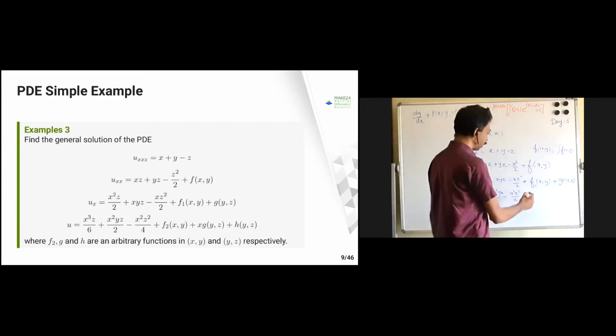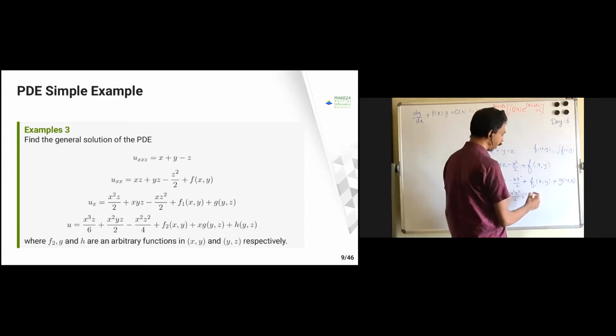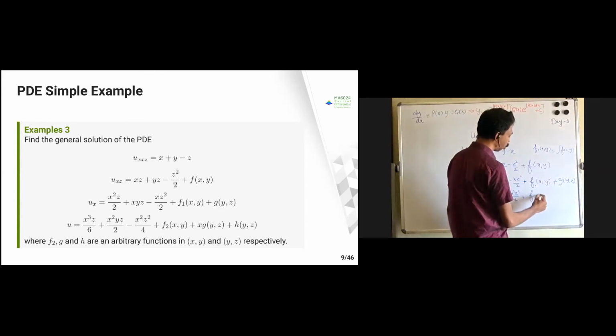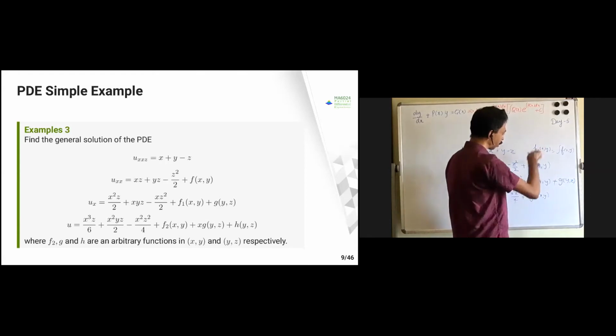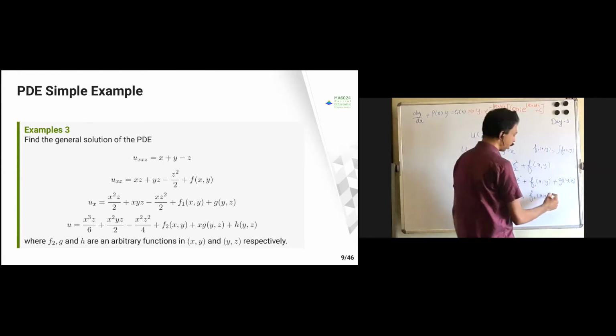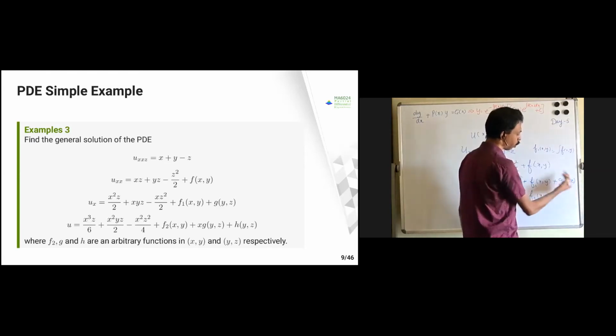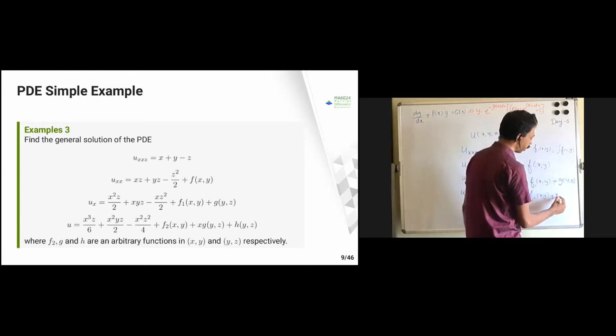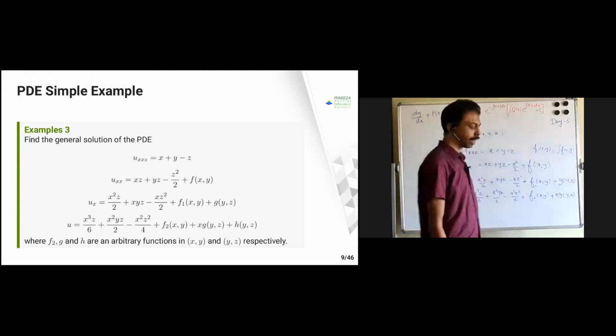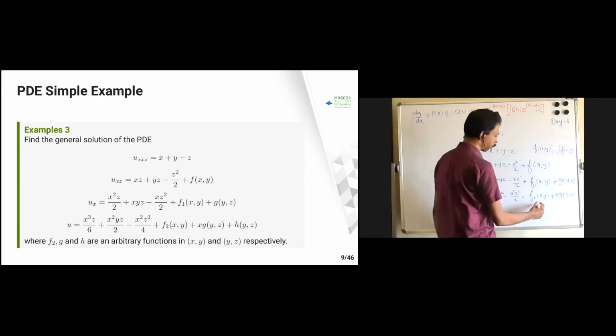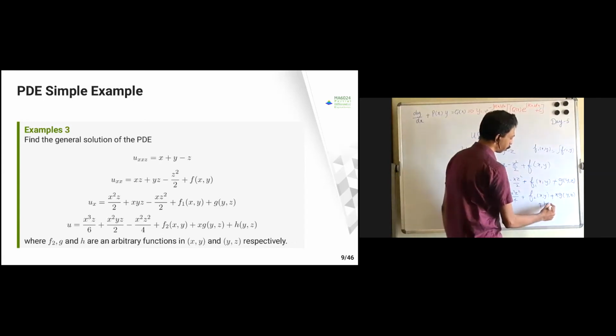Plus here again x is there, so F2, this is going to become f2 of x comma y. That means I'm just going to integrate again. Plus some, here it is constant. This one is constant because there is no x involved over here. So I can just put x into g of y comma z. Plus one more constant should come, that is nothing but I'm just putting h of y comma z.